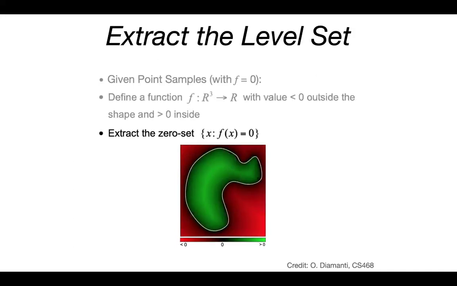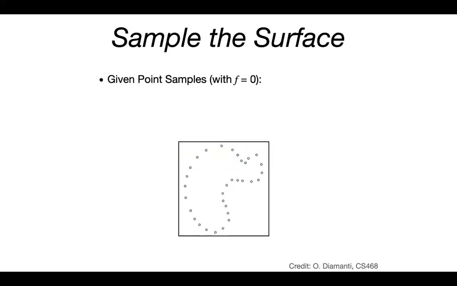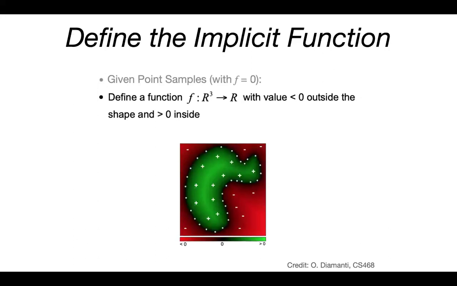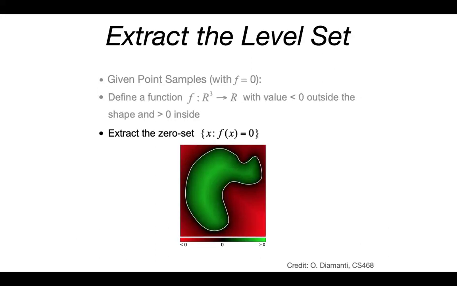And then, as we define this function, you can extract this 0 level set. That's the surface of our interest. You see here that the implicit function generalizes and very smoothly follows the contour, right? We only gave those very sparse points, and you get this continuous representation.